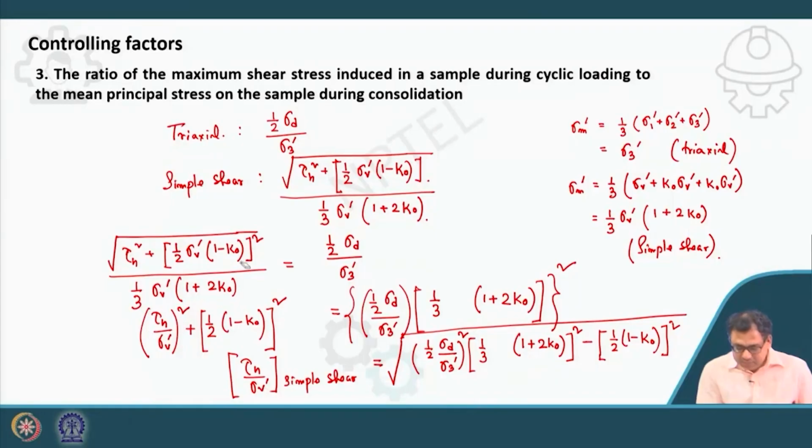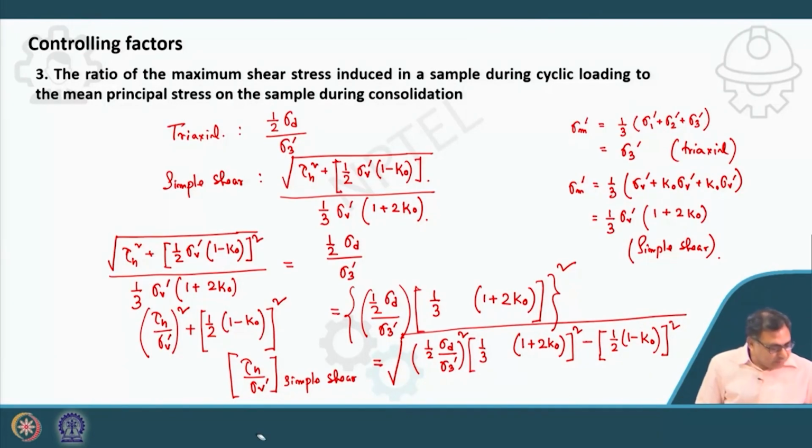Okay? Because I am dividing it by sigma v dash square within root, so I have to divide it by sigma v dash in the denominator also. No? So that's why, and then I am multiplying it with this one, then I am squaring it. So this is 1/3 sigma v plus 2 sigma 0, minus sigma v.